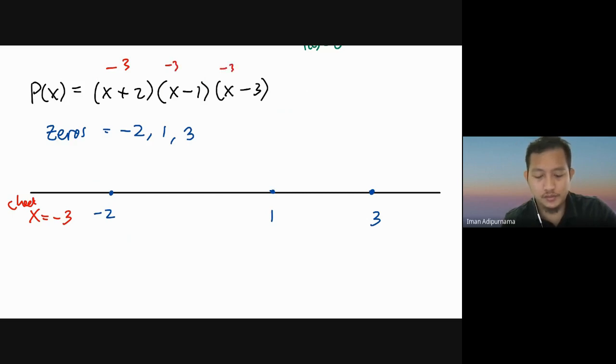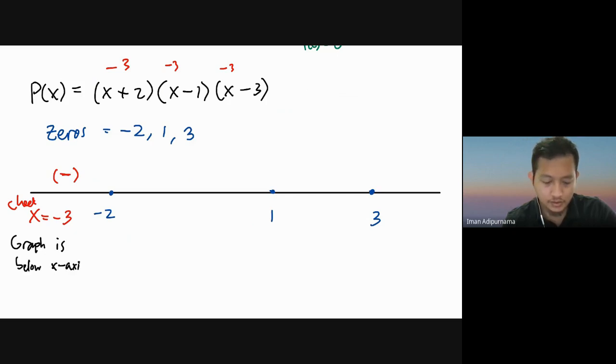What will happen? Negative, negative, it's positive. Let's multiply with negative one more, it's negative. So the whole thing here is negative, which means the graph is below the x-axis.